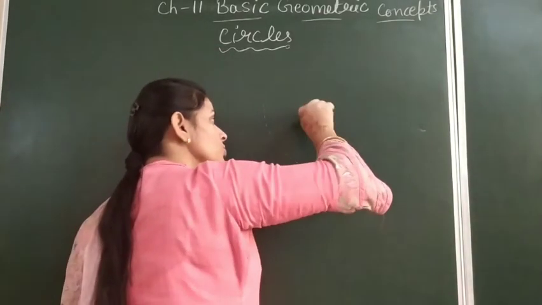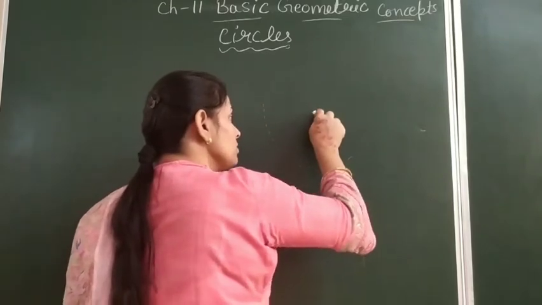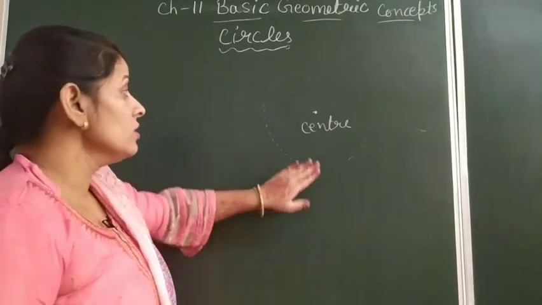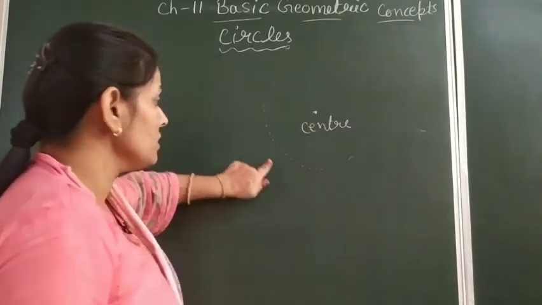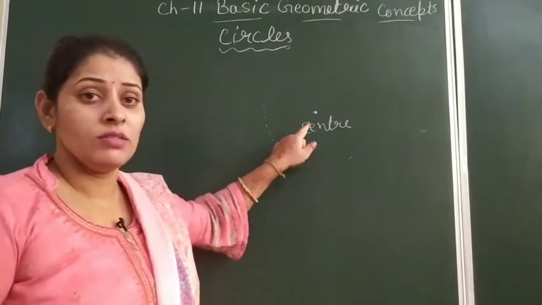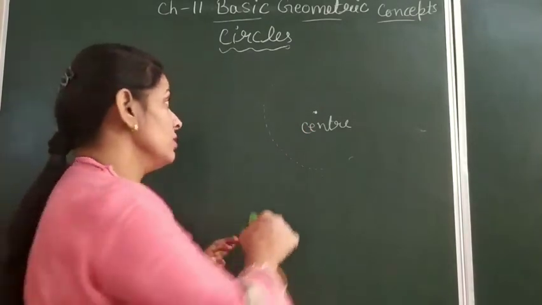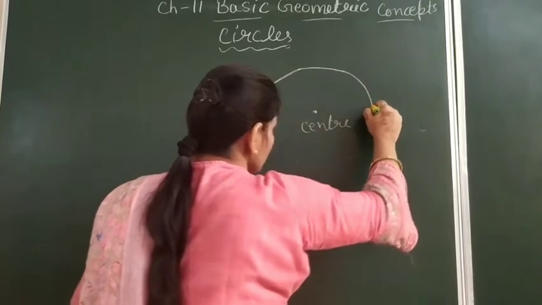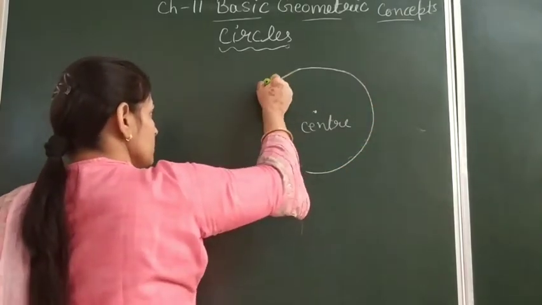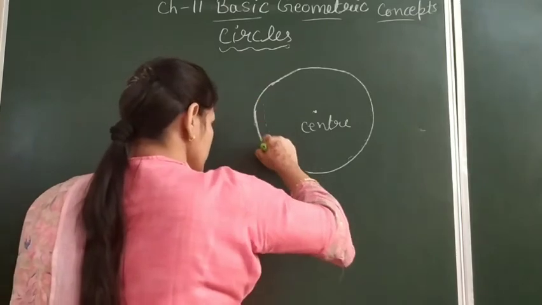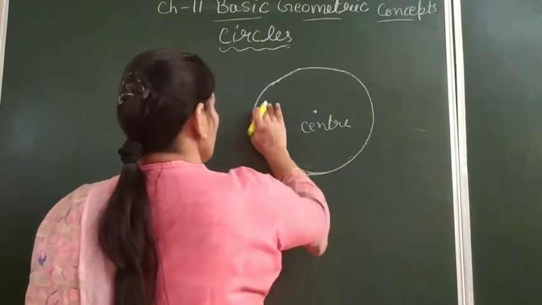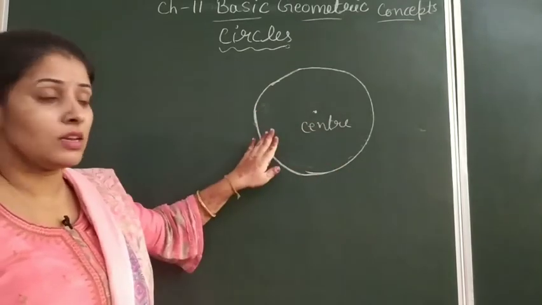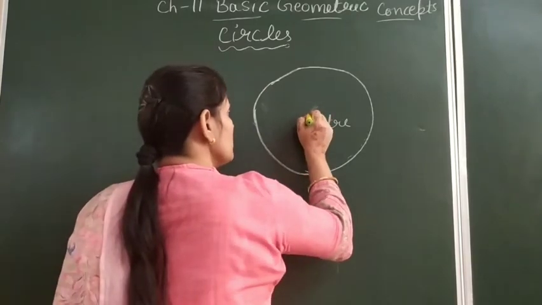One point is given to you; this is called the center of the circle, and all the points equidistant from this center make up the circle. So our circle is like this.